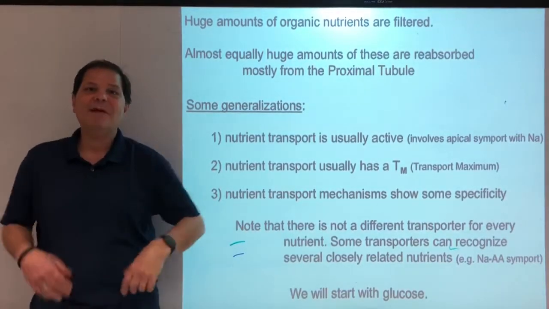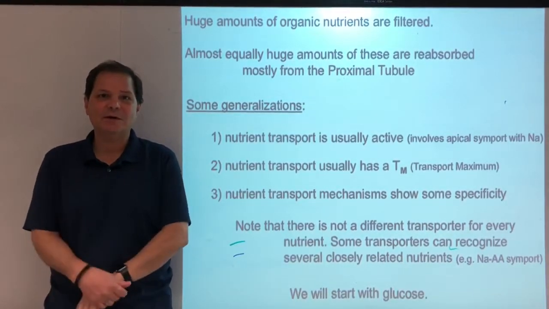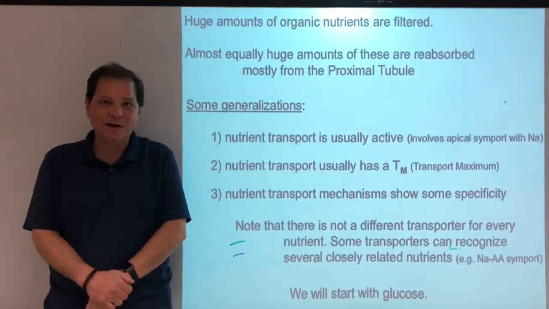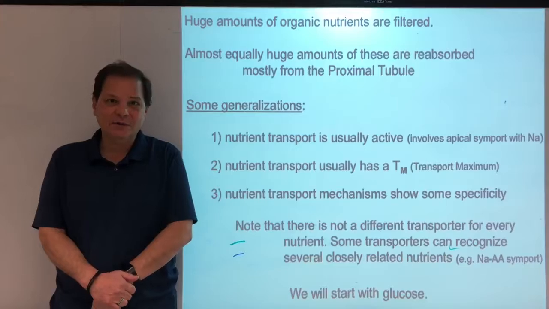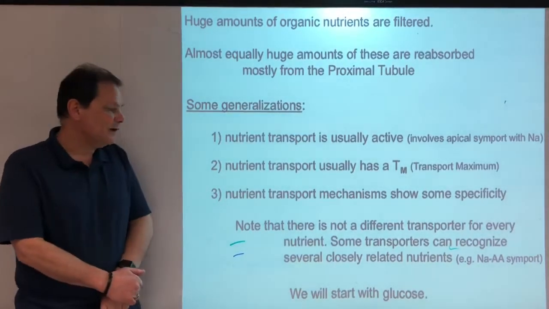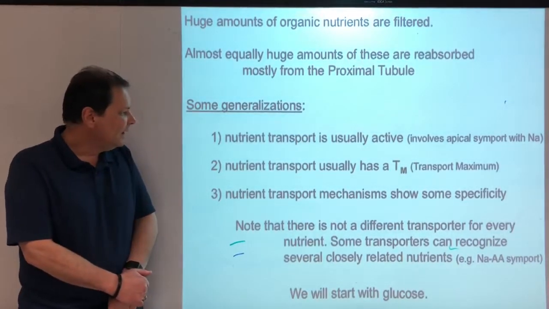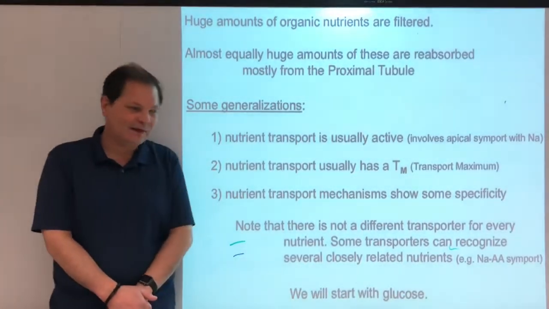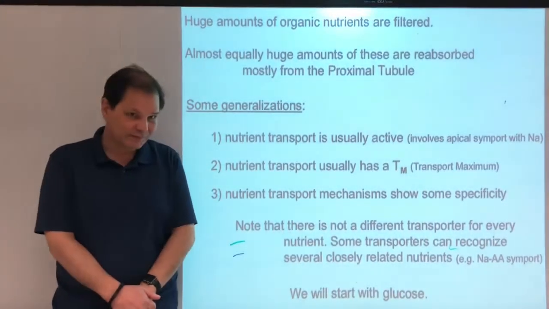Okay, there is a transport maximum. That is, there is a maximum amount that you can transport, and once you exceed that, then you can't transport any more into the body, and the excess ends up in the urine. And we'll talk about that a little bit in a minute. And there is some specificity, but note that it is not perfect specificity.